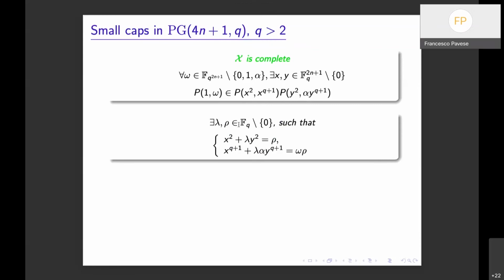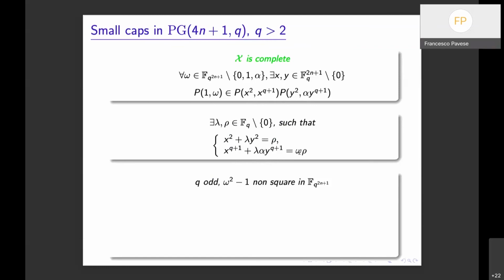This problem translates into the fact that there exist lambda and rho in FQ such that this system of equations has a solution for every omega.